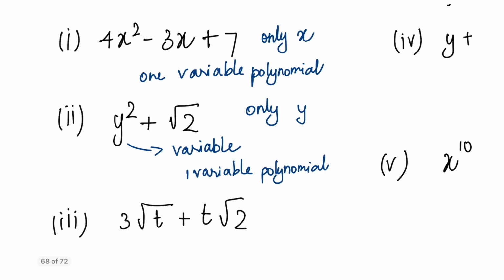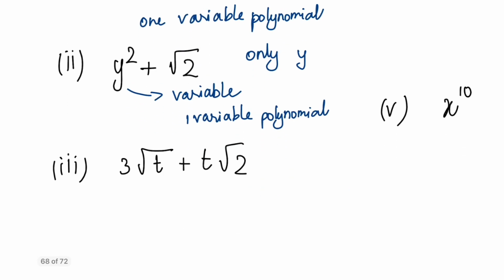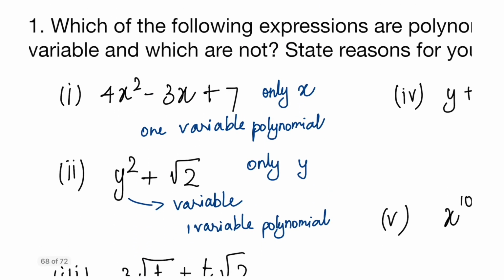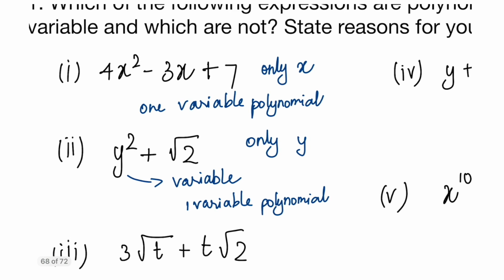Now in this case we have 3 root t and t root 2. I should have said in the first example as well, there we have x squared and x. Is this basically a two variable expression? Absolutely not. This is single variable. Here we have 2 as the exponent, it is the power, but at the end of the day the variable is just x. x squared and x, although they are different terms, the underlying variable is just x.